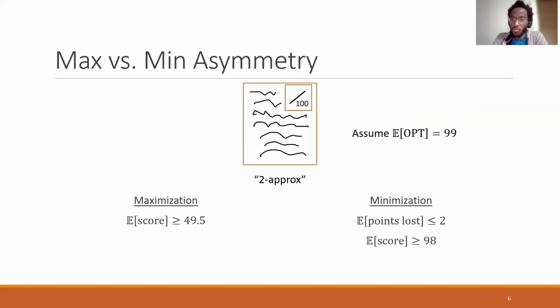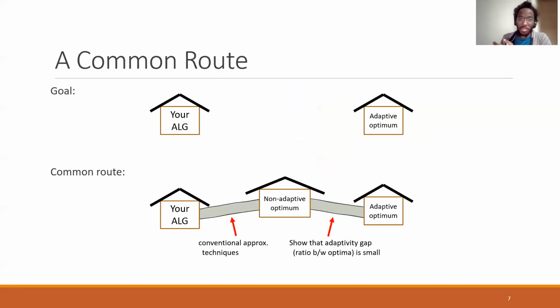In a way, when we talk about approximate minimization, we're talking about near-optimal maximization. Okay, so that's all well and good, but maybe we can still use things from maximization to solve our minimization problems.